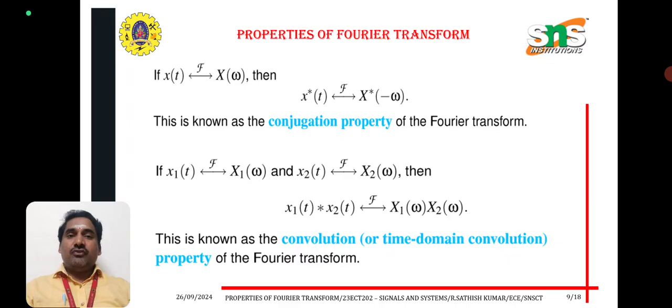If x1 of t Fourier transform pair with X1 of omega, x2 of t Fourier transform pair with X2 of omega, then x1 of t convolved with x2 of t Fourier transform pair with X1 of omega into X2 of omega.